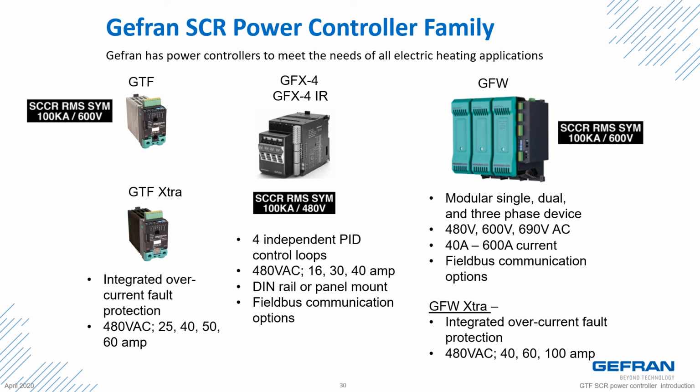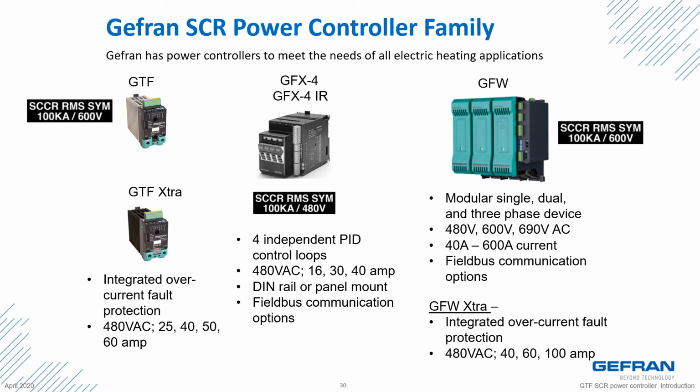It is rated for 480 volts AC and 16, 30, and 40 amp current applications. It's DIN rail mounting or can be panel mounted. It has field bus communications options such as Ethernet IP, Modbus RTU, Modbus TCP, Profinet, Profibus, and EtherCAT.